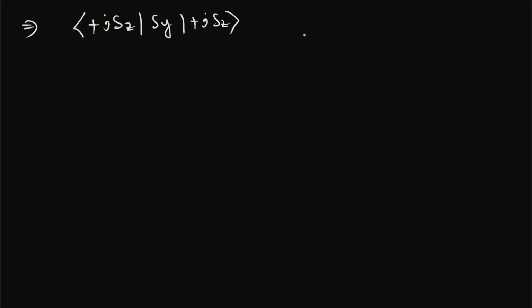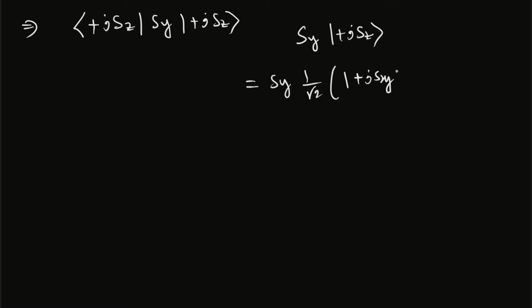So Sy operates on plus Sz, which means Sy operates on plus Sy, which is an eigenket of Sy, plus minus Sy, which is again an eigenket of Sy. So it will give 1 by root 2 h cut by 2.